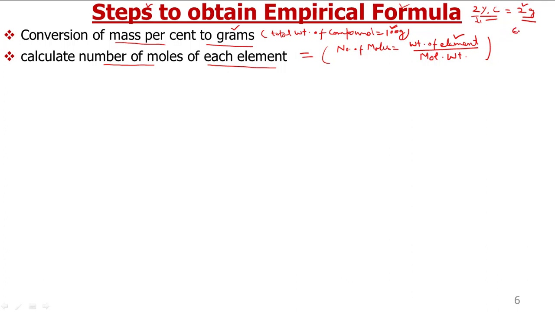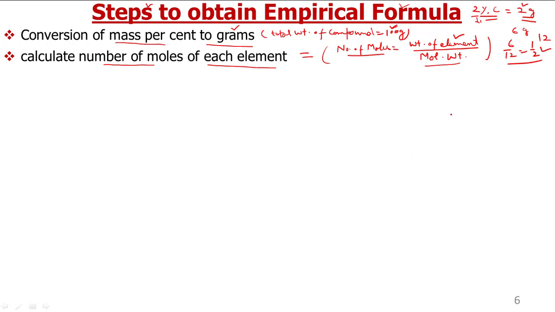Suppose we have 6 gram carbon and the molar mass of carbon is 12. So the number of moles will be 6 divided by 12, which is equal to half. This is how we calculate the number of moles.